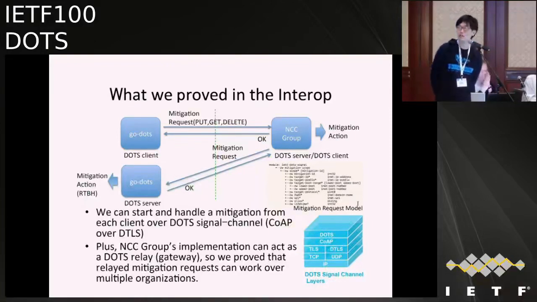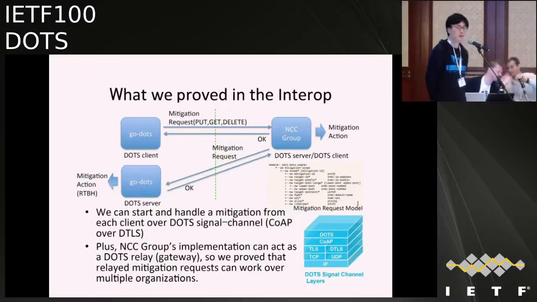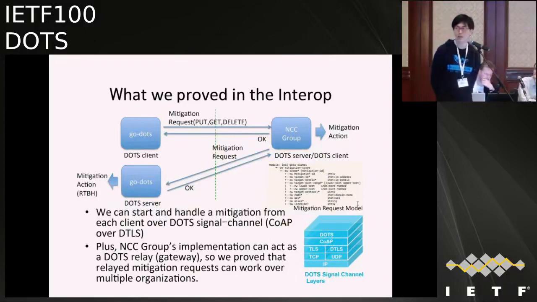Then the DOTS servers at both ends can activate the mitigation action by themselves. As I said, we tested both client and server functionality against each other. Plus, NCC group's implementation can act as a DOTS gateway, so we proved that relayed mitigation requests can work over multiple organizations.